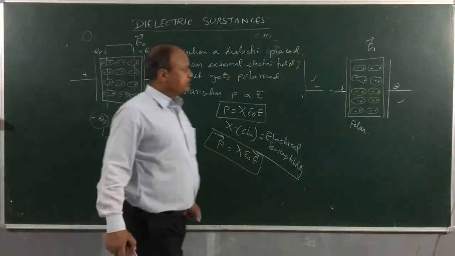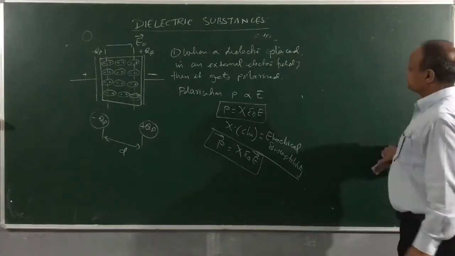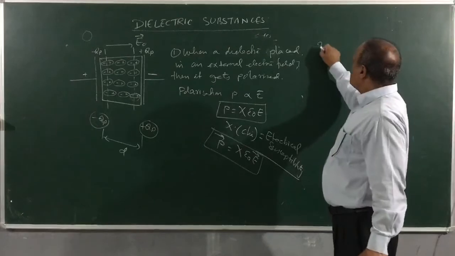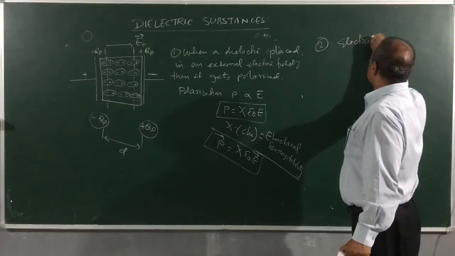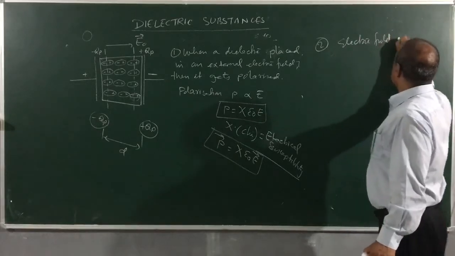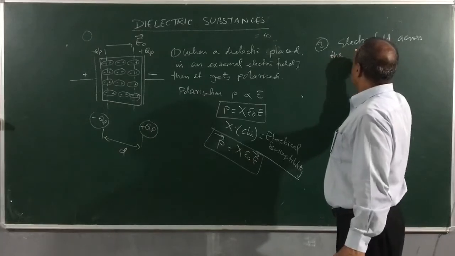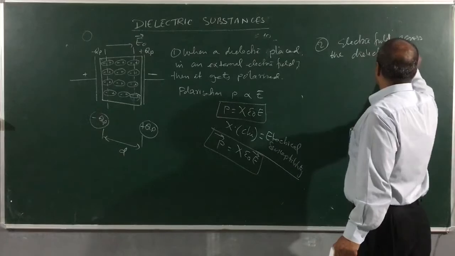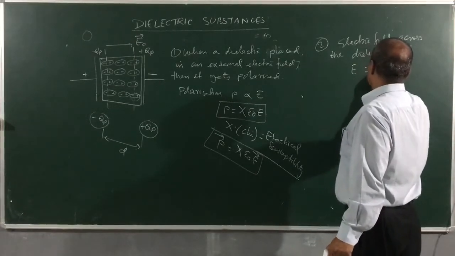Now second point. Number 2, electric field across the dielectric slab E equals E naught by epsilon r.